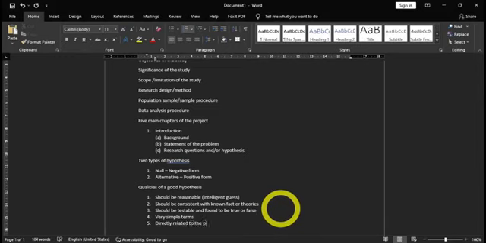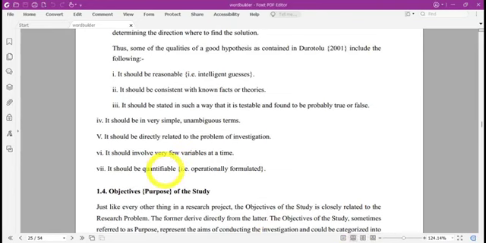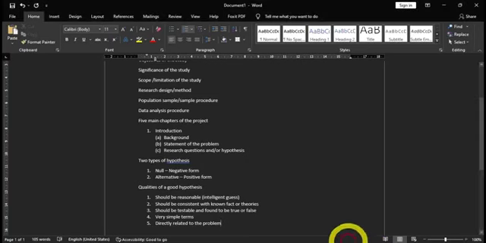Then 6, it should involve very few variables at a time.